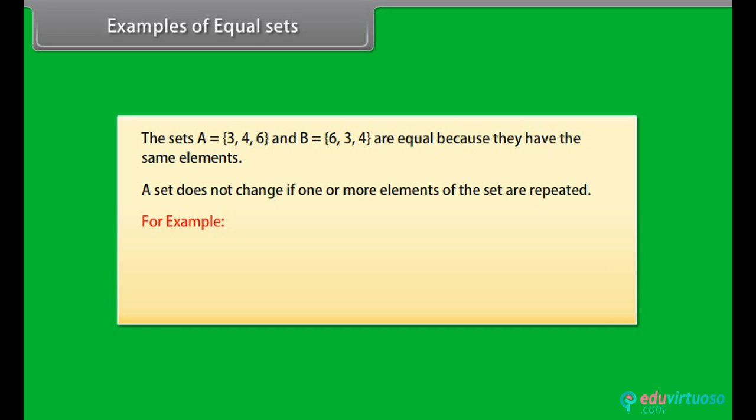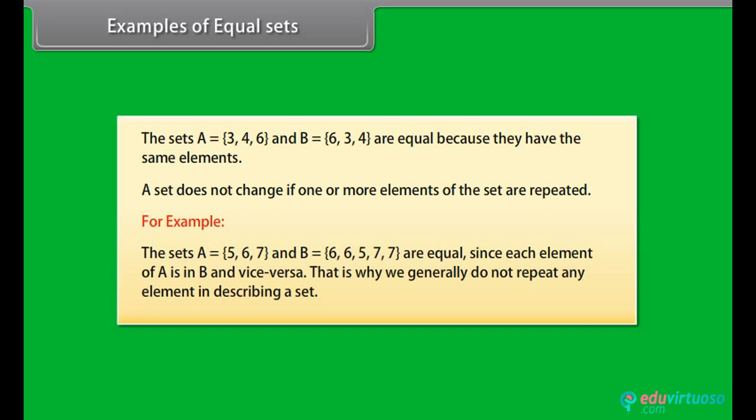For example, the sets A is equal to {5, 6, 7} and B is equal to {6, 6, 5, 7, 7} are equal, since each element of A is in B and vice versa. That is why we generally do not repeat any element in describing a set.